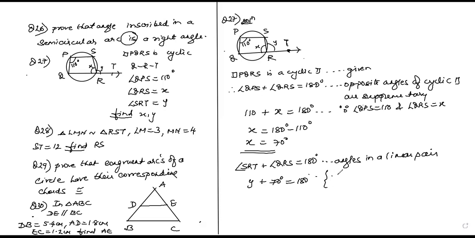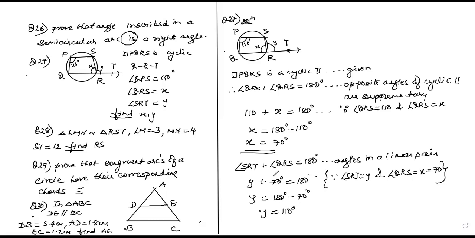Since angle SRT is Y and angle QRS is X equal to 70, naturally Y equals 180 degrees minus 70 degrees, Y equals 110 degrees.